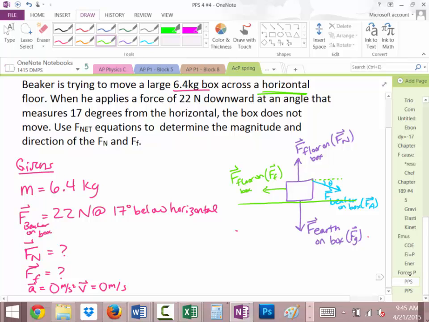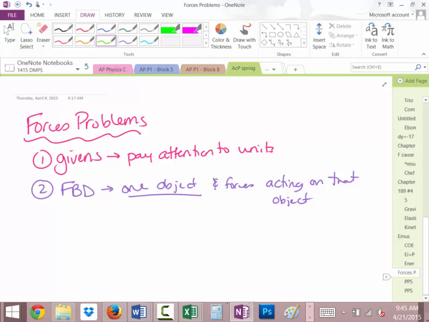What's our next step? Let's write down some F-net equations. Now, I think, maybe when you said that, this is a plural. Did you? Okay.